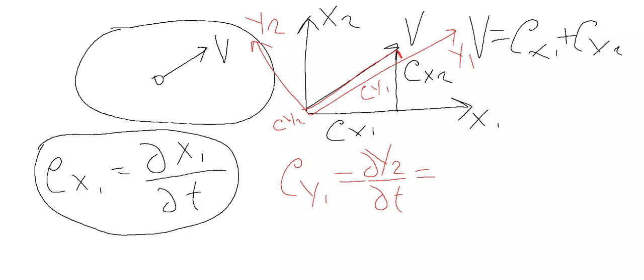So it will be equal to the partial derivative of y1 with respect to x1, then multiplied by the partial derivative of x1 with respect to time.